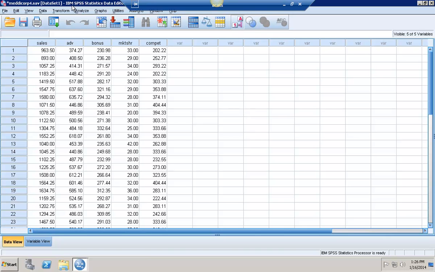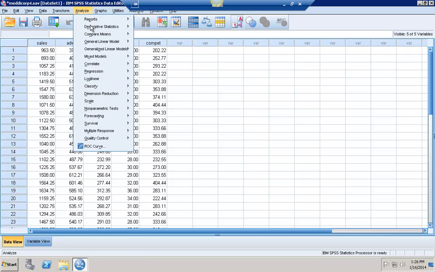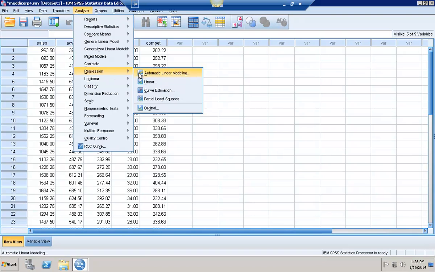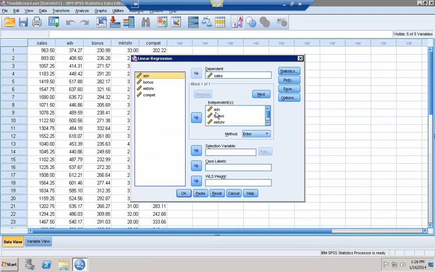Here, there are only two, so I'm going to go into Analyze, Regression, Linear. I'm going to take out sales. When I conduct my partial F test, I will learn that the value is not significant and market share and competition do not add significantly to the model. So kind of gave that away. There's no reason to include them, so I'm not going to look at them there.